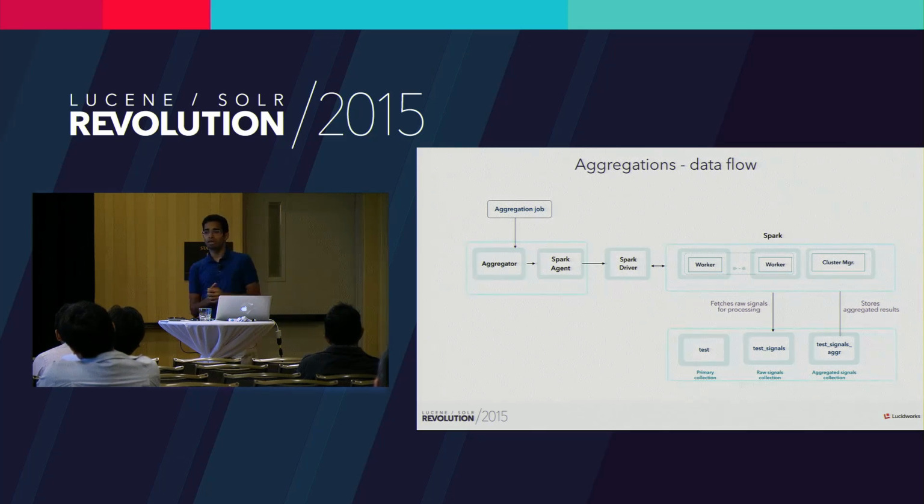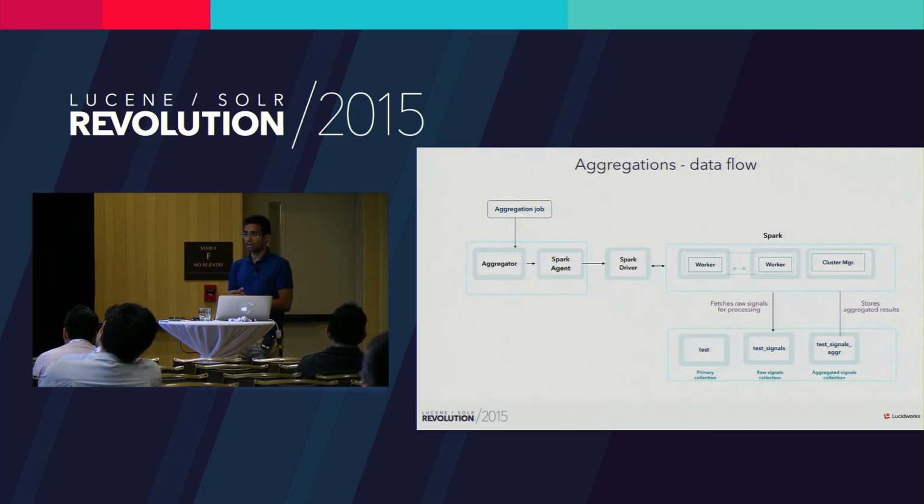Let's say I have some algorithms in Mahout that I want to execute, or some machine learning algorithms in Spark MLlib that I want to use on the raw data. In future versions of Fusion, you'll be able to take these algorithms from Spark and execute them on the raw data, so you can take all the traditional algorithms and apply your data on it.